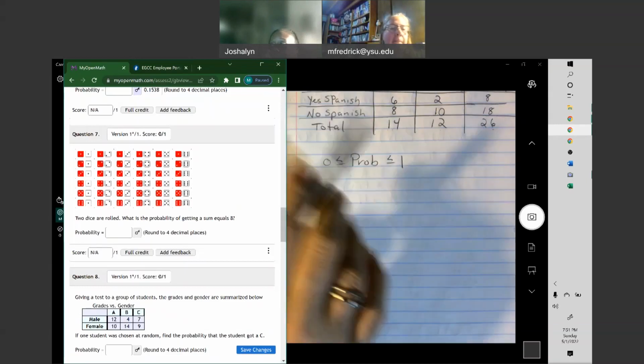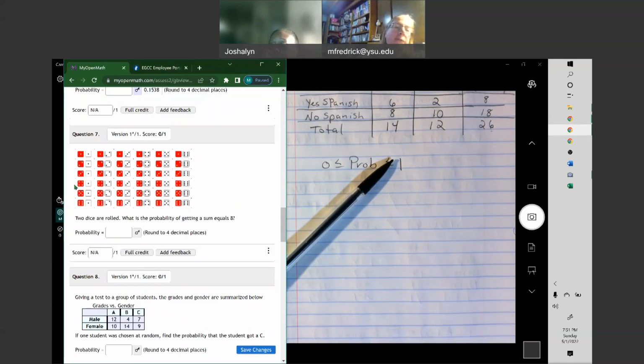Like this first one, the largest is 6 plus 1, which is 7, so none of them add up to 8. Then this one, 5 and 2 is 7, so nothing from here up. This one's 8, and the rest are not.